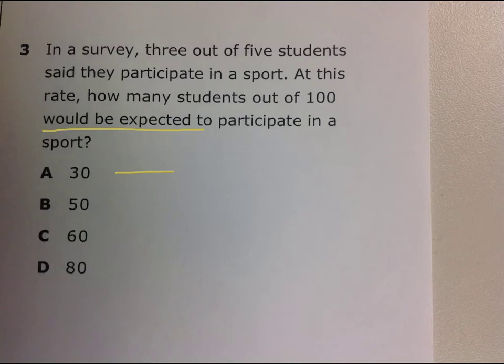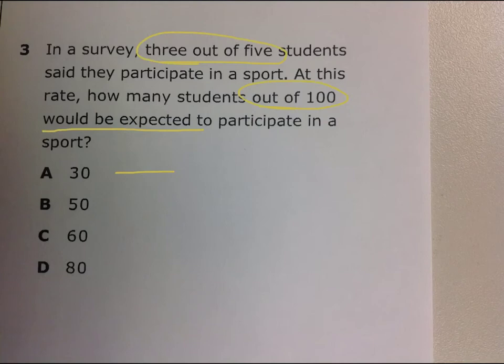We know 3 out of 5. There's my fraction right there. It's spelled out for me, but it's there. Be careful. Participate in a sport. At this rate, how many students out of 100 would be expected to participate in a sport?